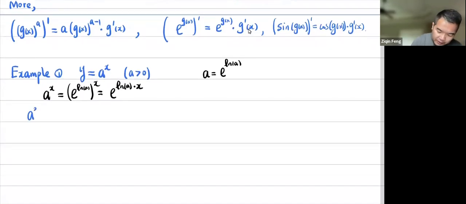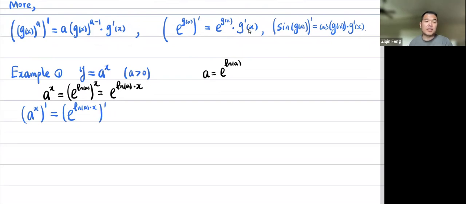Now let's try to differentiate a to the x. So a to the x prime is e to the natural log of a times x, prime. This is a composition of two functions. We can apply our formula here, with g of x equal to natural log of a times x.